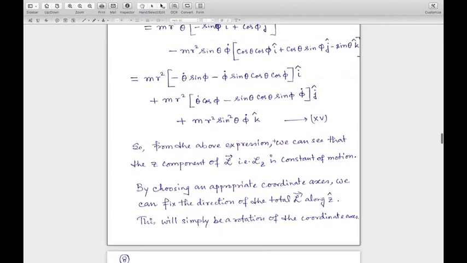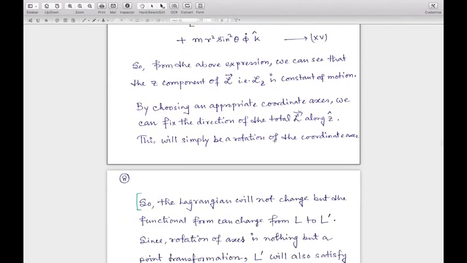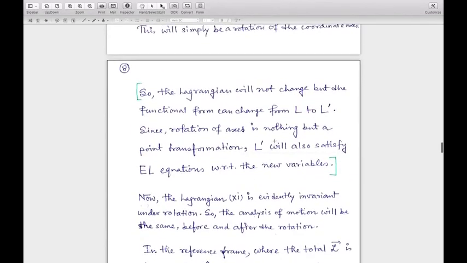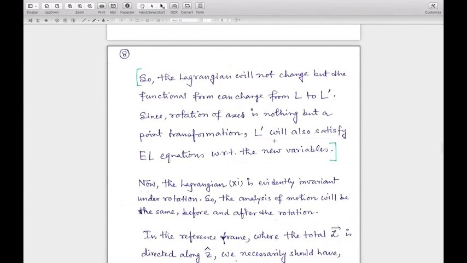But the question is, under such a rotation, will the Lagrangian be invariant? If it is invariant, then we can say that the basic dynamics is invariant, because according to our framework, if the Lagrangian is invariant under a symmetric transformation, the analysis of motion would not change, right?